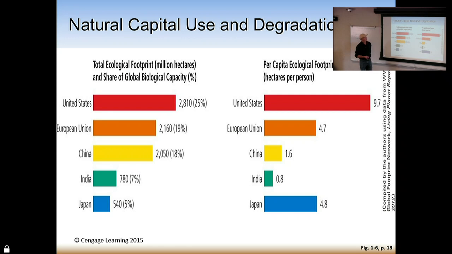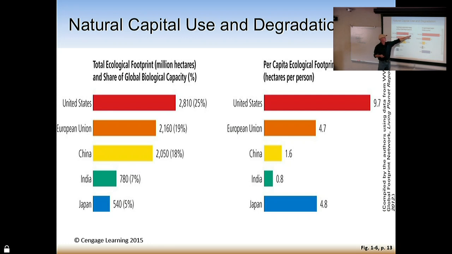Okay, natural capital use and degradation. So United States, how much of the footprint do we take up? Okay, we take up about 25% of it, and the per capita, per person is 10. One's the measuring point. We're at 10 times that. This is interesting.